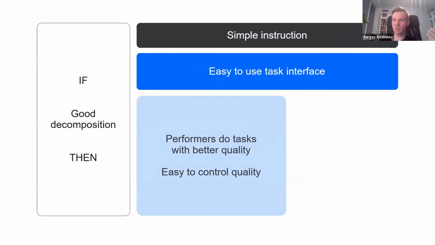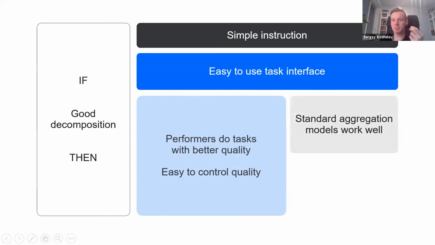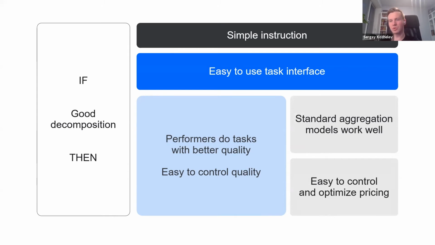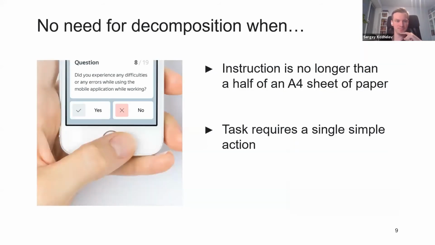The instruction is very well defined. Again, you can control the quality way easier. You can apply your standard aggregation models like majority vote, Dawid-Skene, and so on. And it's easier to optimize the pricing because, again, it's easier to appraise, it's easier to assess a simple task than a very complex one containing several steps, several pitfalls, and so on.